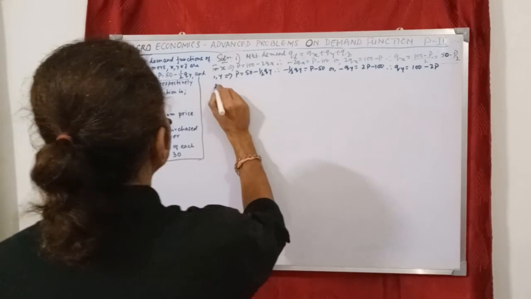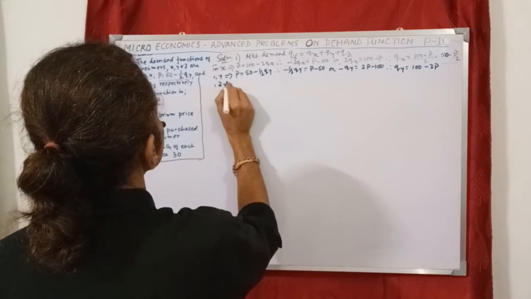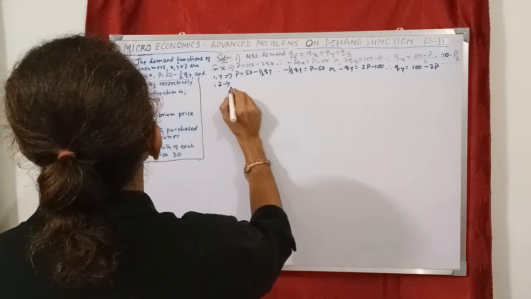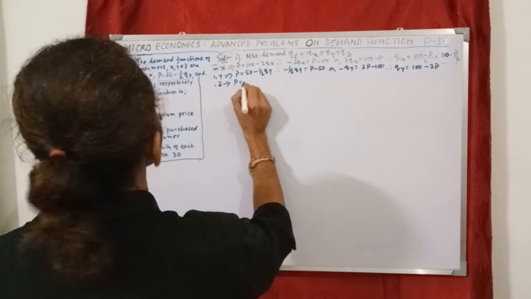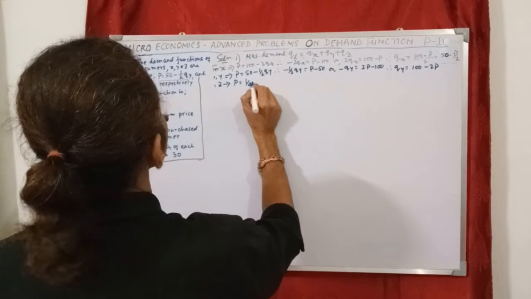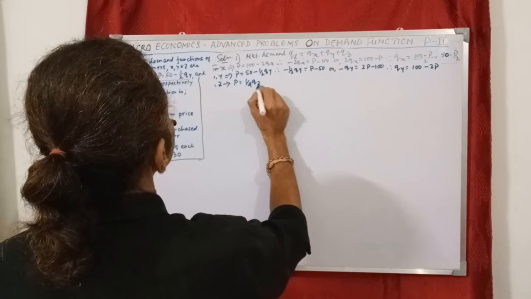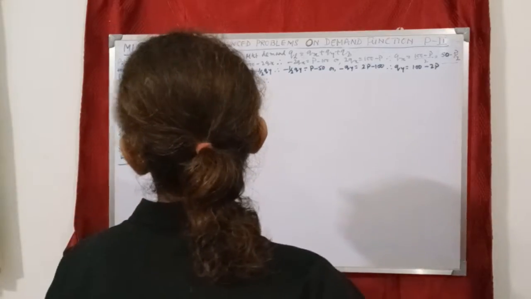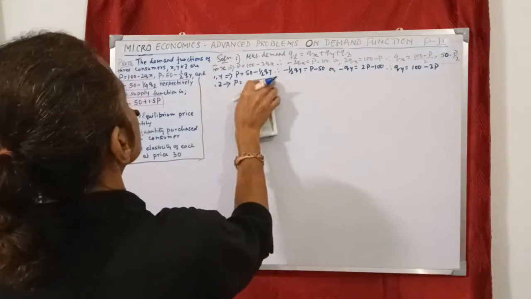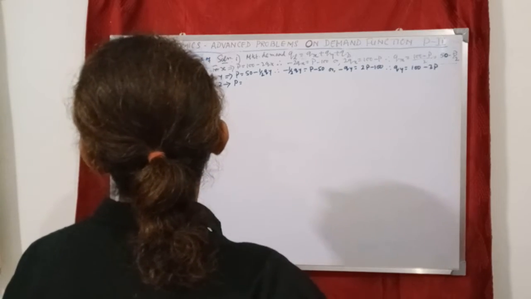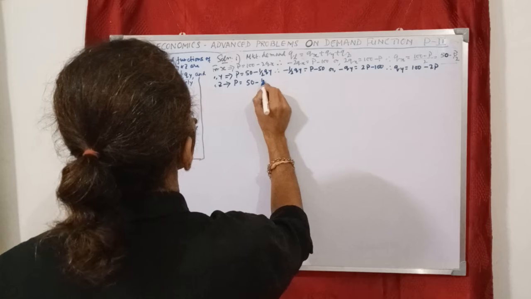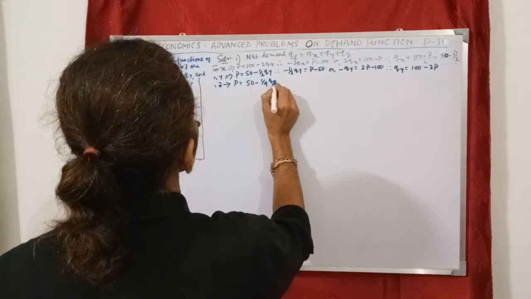Similarly, for Z, the inverse demand function is P equals 50 minus 1 by 4 qz.